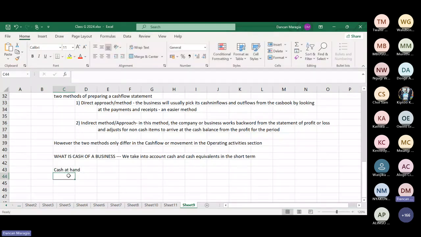Any cash at bank, so add cash at hand, add cash at bank, add any cash in money markets or short-term investments like money market.